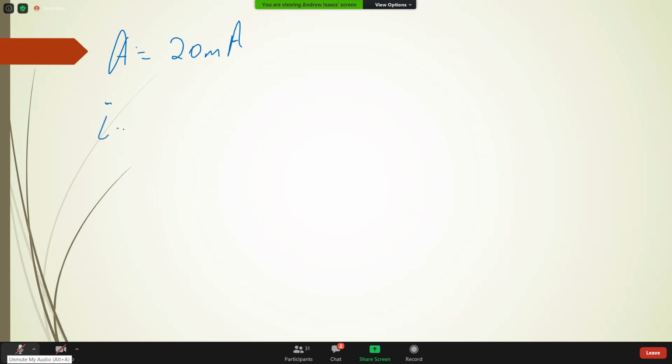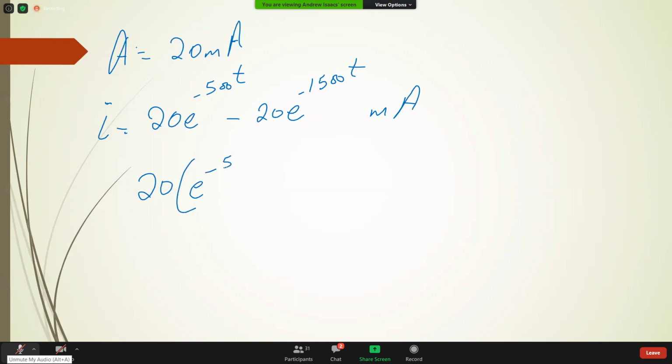So I is equal to 20e to the minus 500t minus 20e to the minus 1500t milliamps, or 20 times e to the minus 500t minus e to the minus 1500t, milliamps.